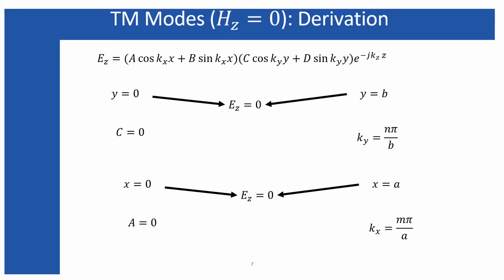And this is the time to apply the boundary conditions. Once I know the expression for Ez, I have to apply the boundary conditions, and the boundary condition is that Ez is equal to 0 at y equals 0 and at y equals b.